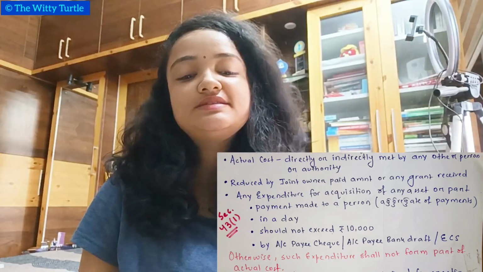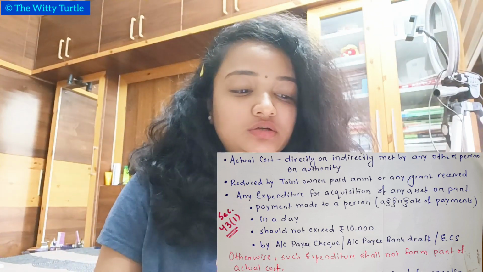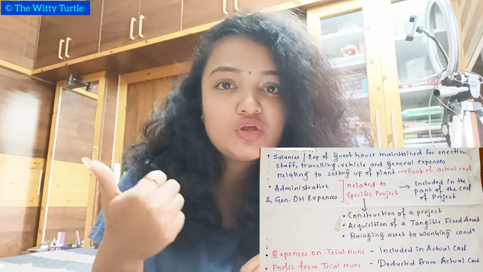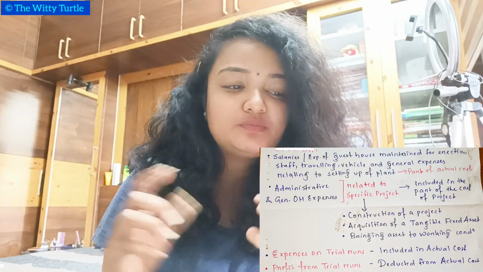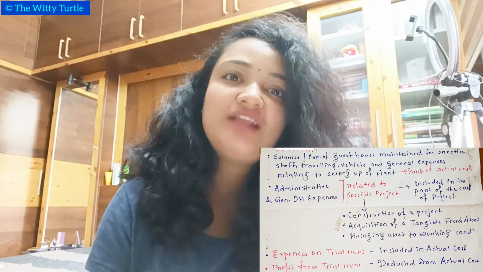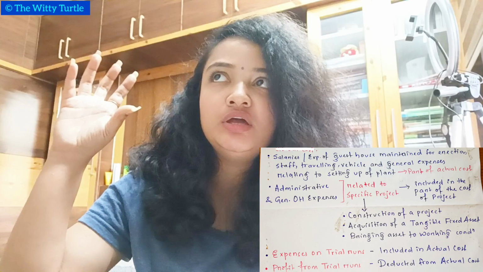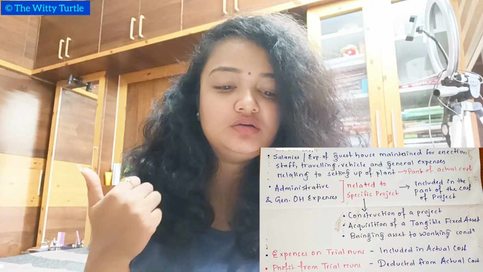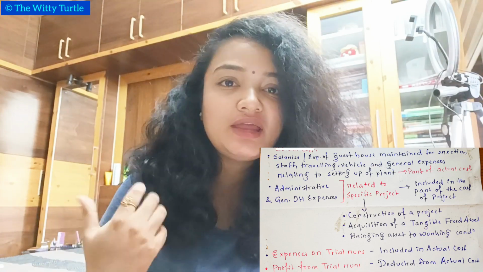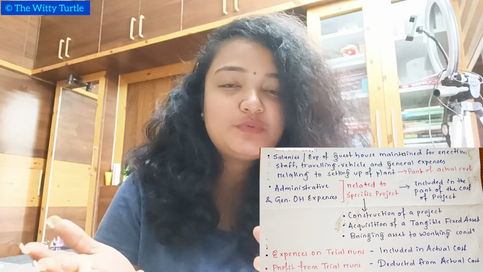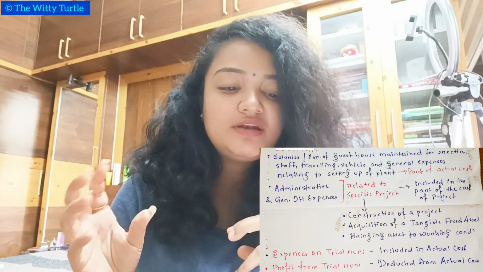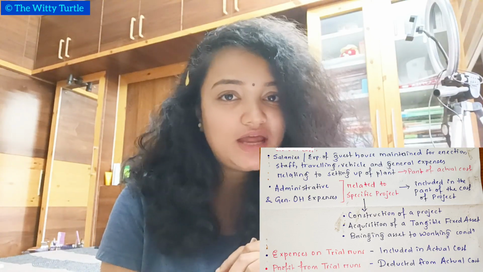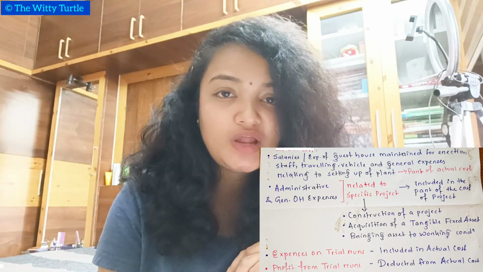The main idea is that. Now, here again it says what are the things which will form a part of your actual cost. It includes the salary or expenditure of guest house which is maintained by the staff, or any traveling cost. अगर आपको बहुत जगह, if you are traveling to many places in connection to your business, so that traveling cost, your vehicle cost and your general expenses relating to setting up of a plant will also form a part of your actual cost, right.